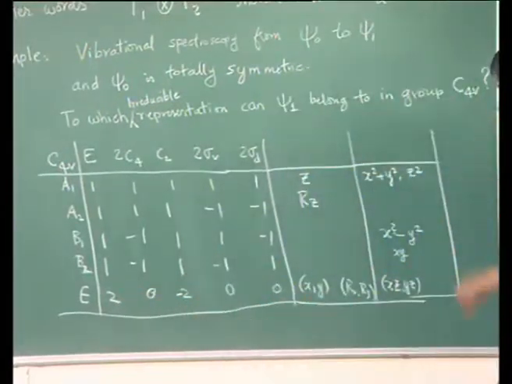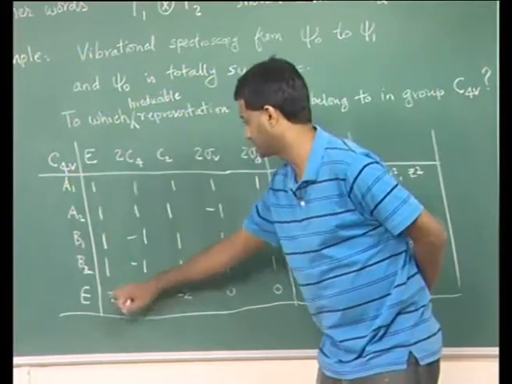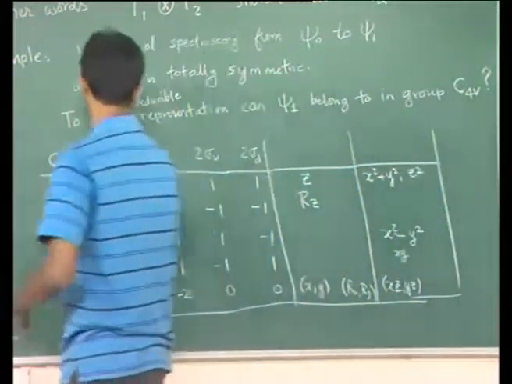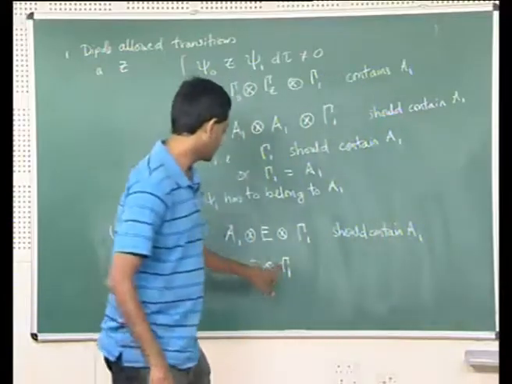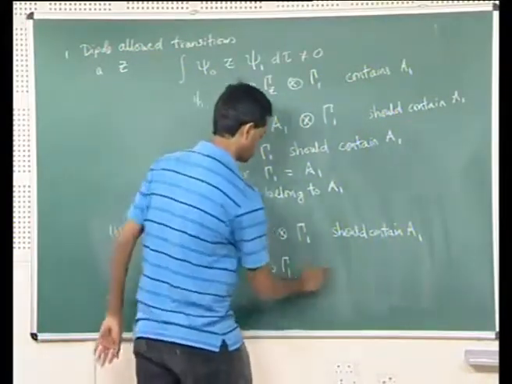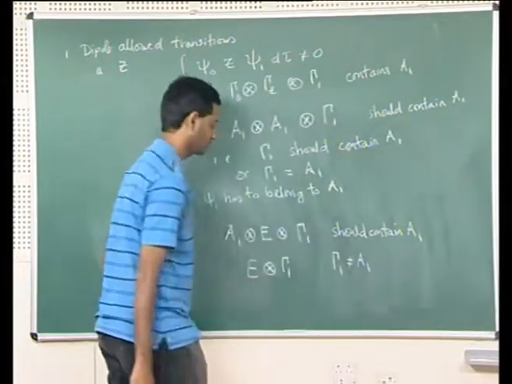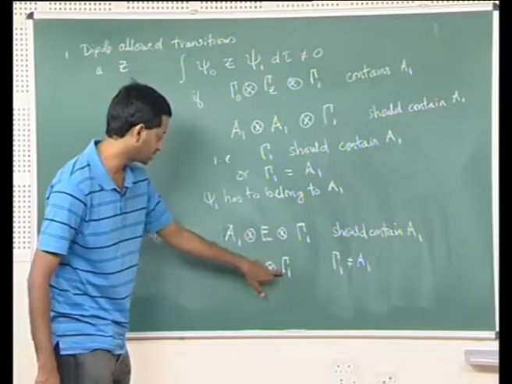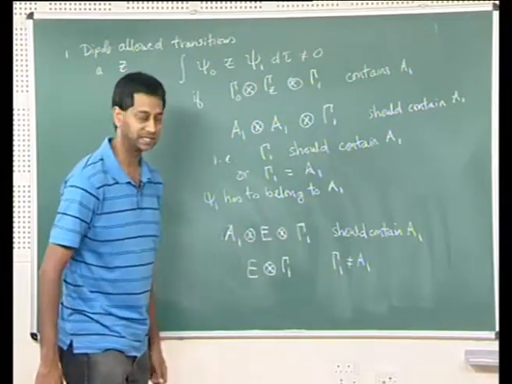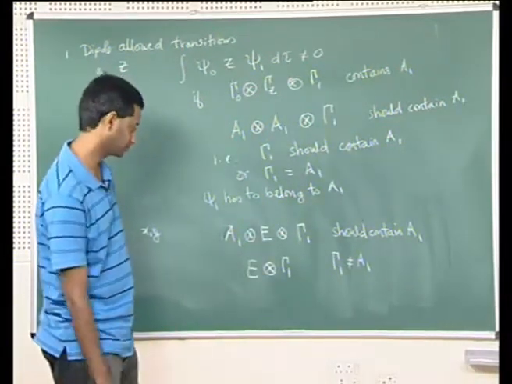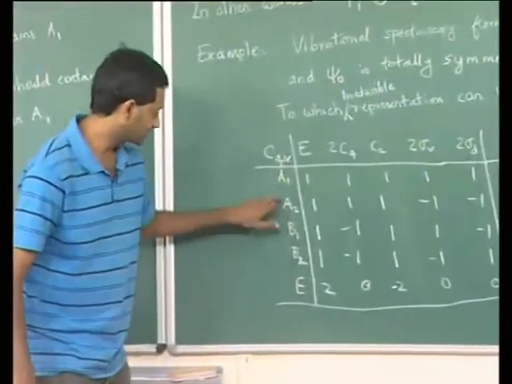So if I take a direct product of E with any of these representations, if I take a direct product with A1, I'll just get E. So therefore gamma 1 is not equal to A1, because clearly if I take a direct product of E with gamma 1, I'll just get E, and E does not contain A1 because E itself is irreducible. Then what happens if I take a direct product with A2?